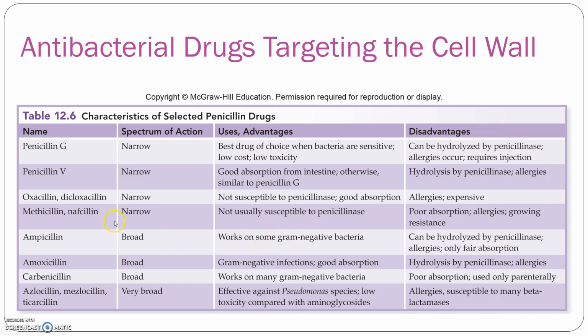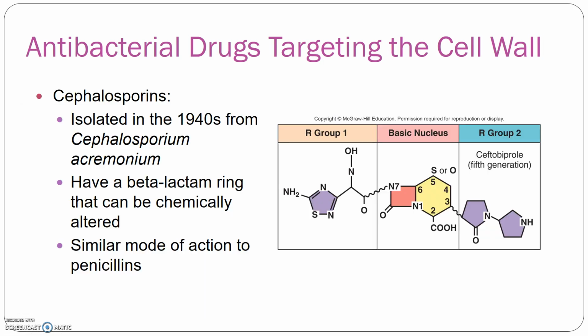So this particular chart is then just going through and naming the different types of drugs, defining whether the spectrum of action is narrow or broad, and what the particular use or advantage would be, as well as disadvantages, such as poor absorption, causing allergies, being easily hydrolyzed by penicillinase, and other disadvantages.